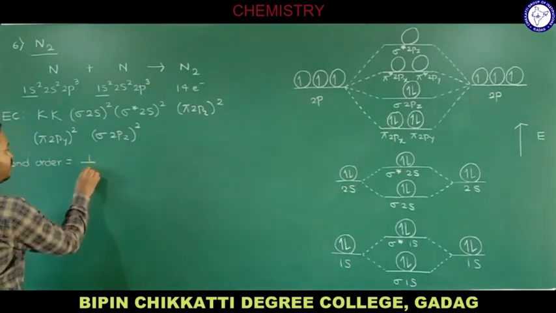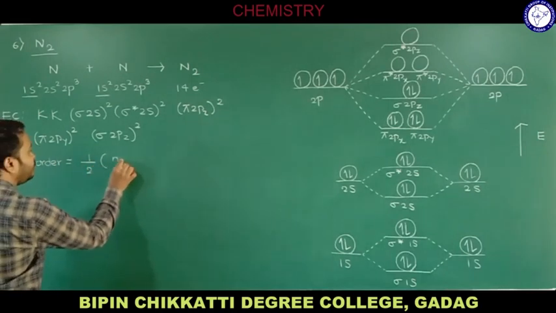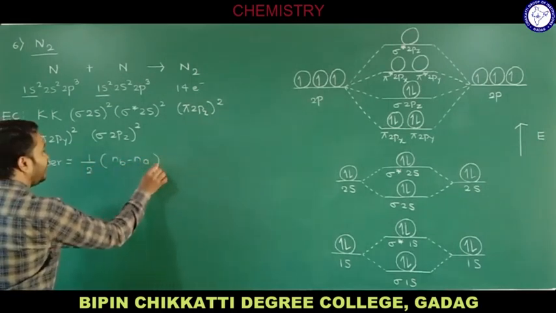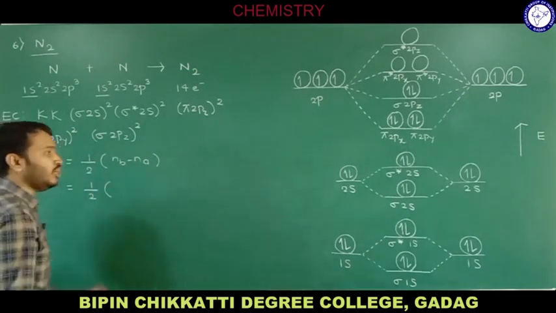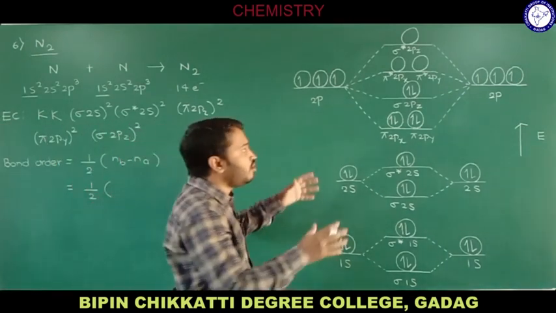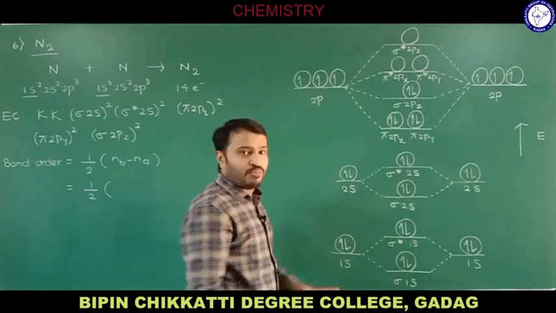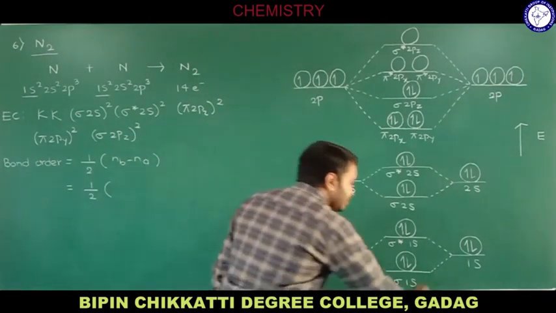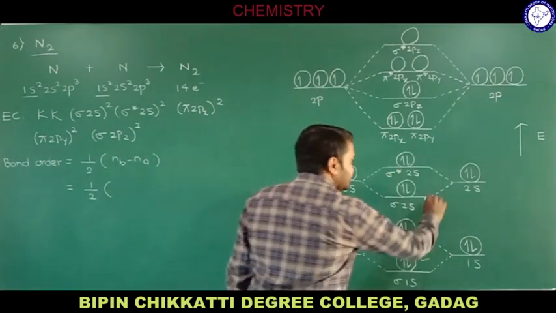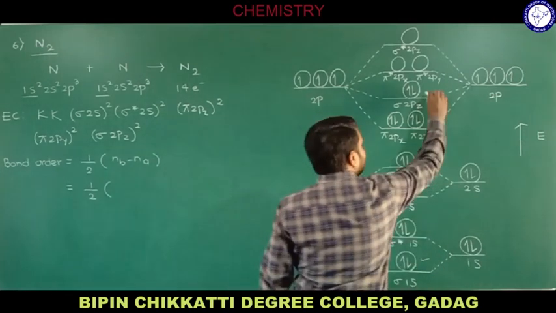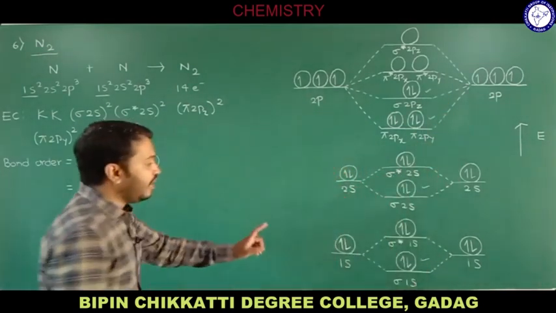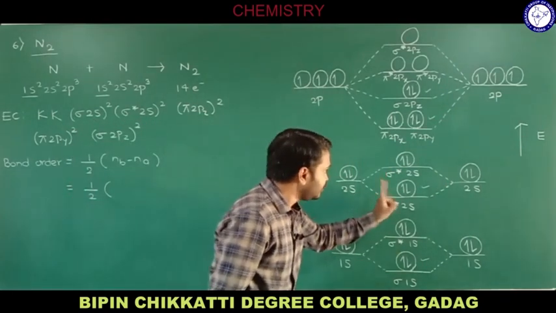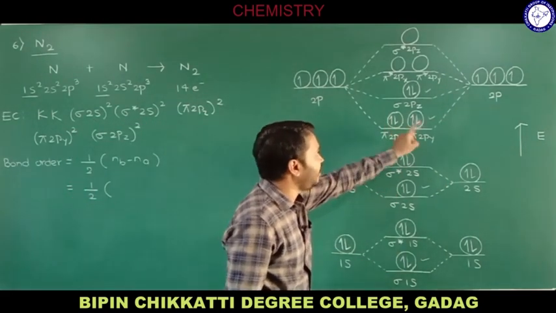We have a formula to calculate bond order, that is 1 by 2 into NB minus NA. So NB is the number of electrons in bonding molecular orbitals, and I hope you remember what is the place of a bonding molecular orbital. I will show you here. This is the bonding molecular orbital, this is the bonding molecular orbital, and these are the bonding molecular orbitals. So how many electrons we have? 1, 2, 3, 4, 5, 6, 7, 8, 9, 10.